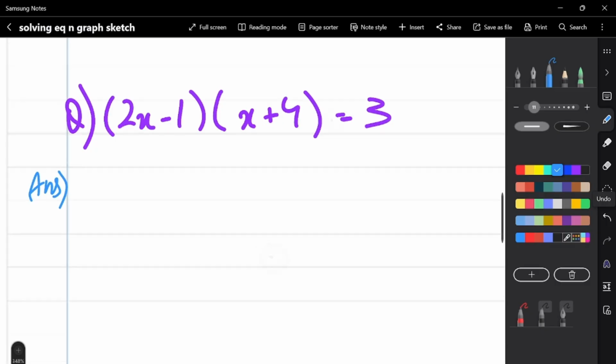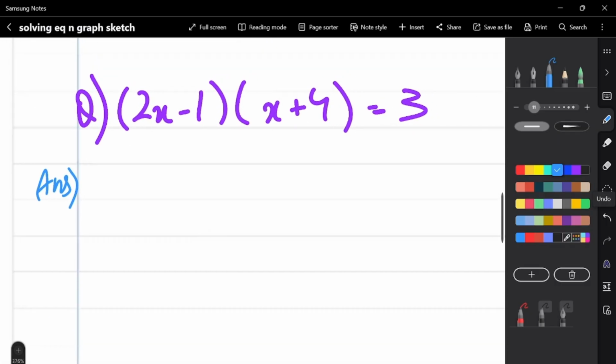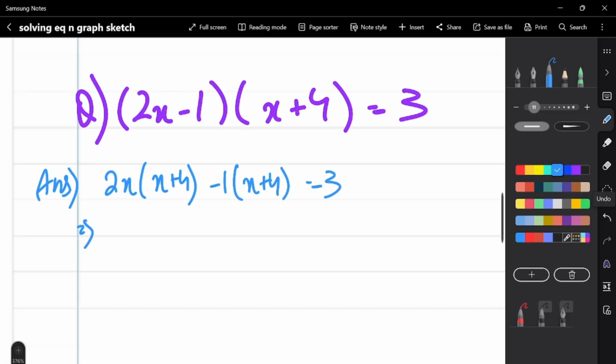Okay, now we're going to be opening this equation up. So simple expansion to x plus 4 minus 1 x plus 4 equals 3. We get this.